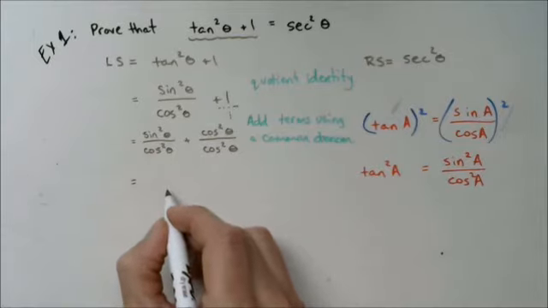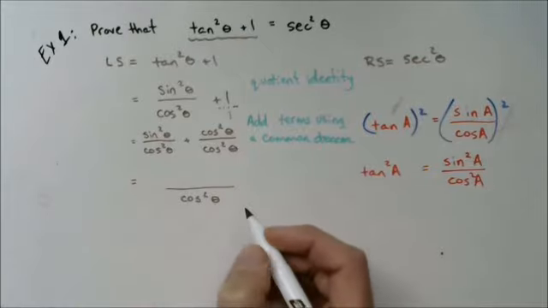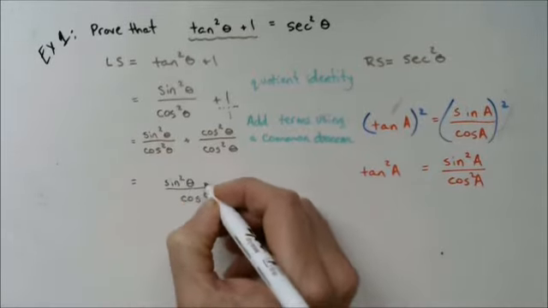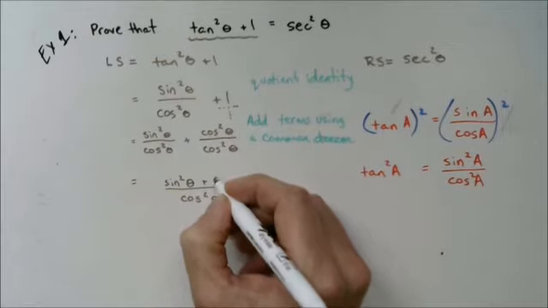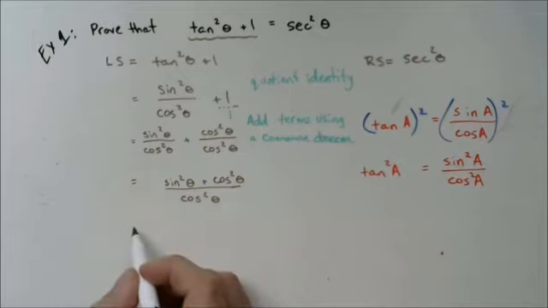I simply have in the denominator the square of cosine, and in the numerator I have sine squared plus cosine squared. Now you should be seeing something. You should be seeing another one of your identities. What do you see?